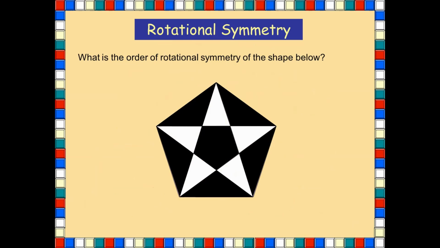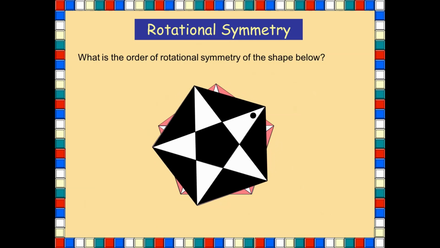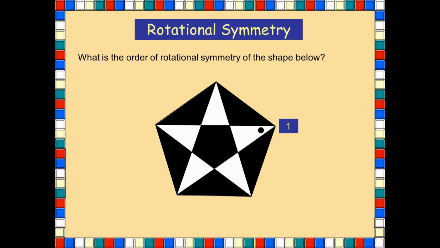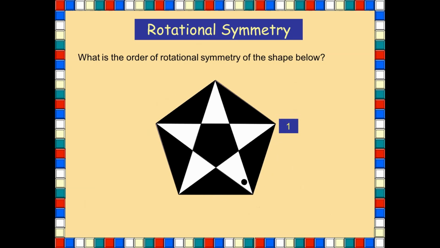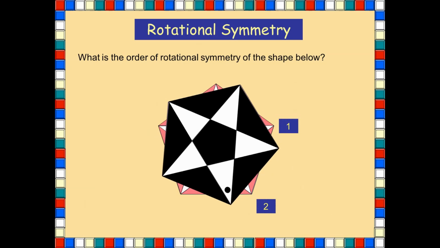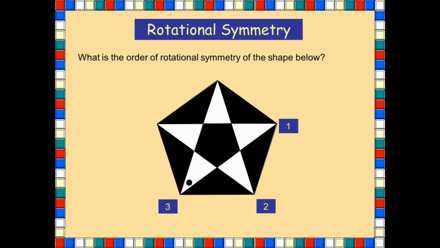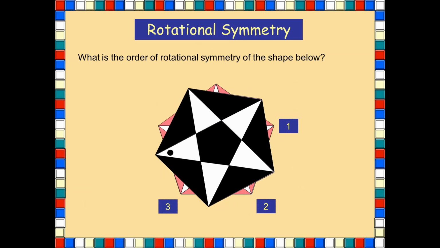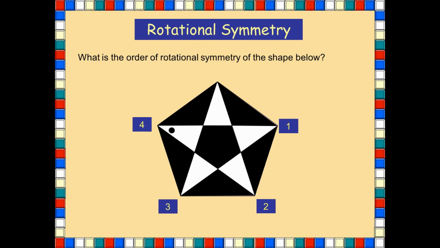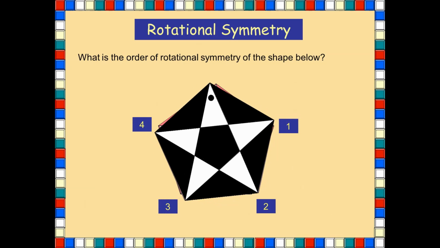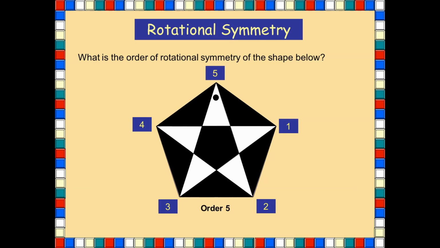Well, what about this one here? What is the order of rotational symmetry? Maybe have a think to yourself before you pause the video. Okay, let's try it. Once, twice, 3 times, 4 times, 5 times. So order 5.